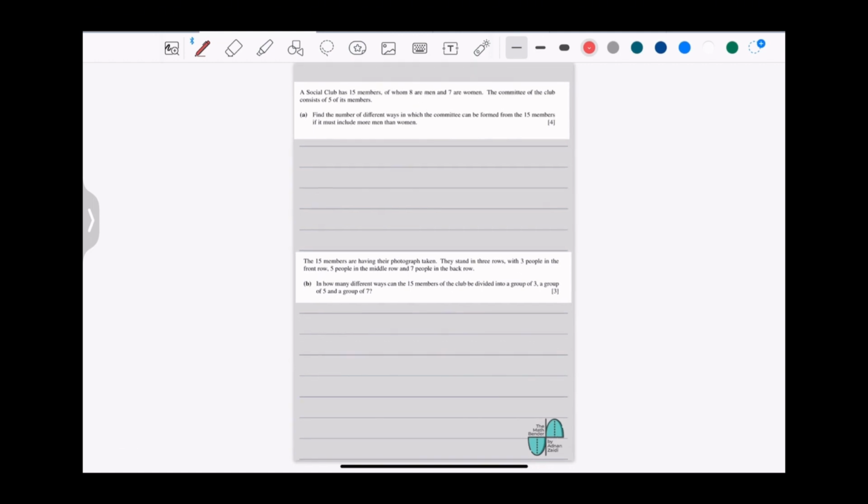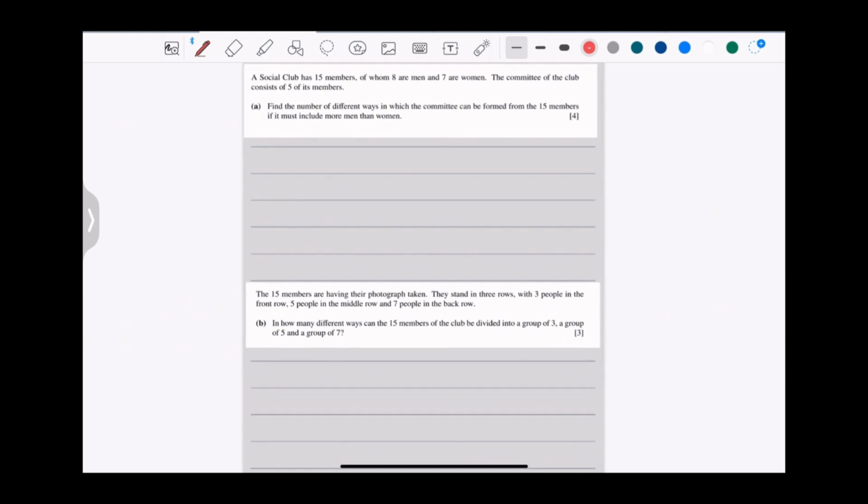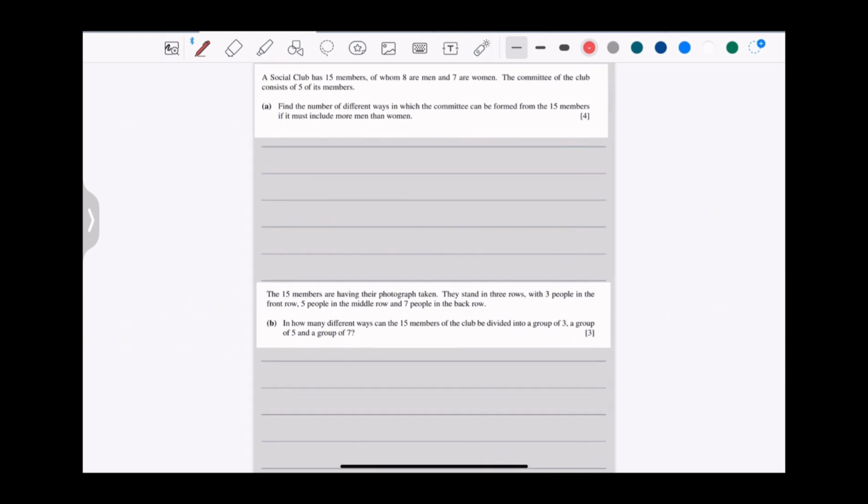Okay, so a social club has 15 members, 8 are men and 7 are women. And the committee has to consist of 5 members, and it should be in such a manner that there should be more men than women.